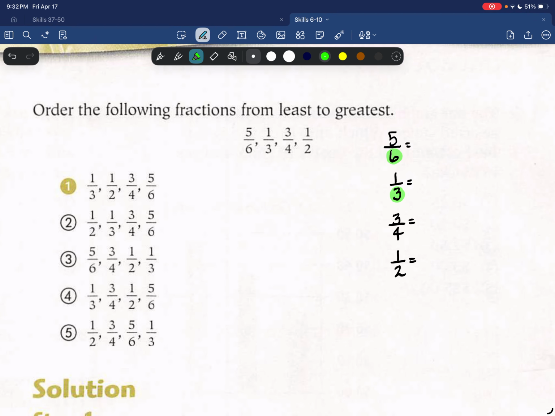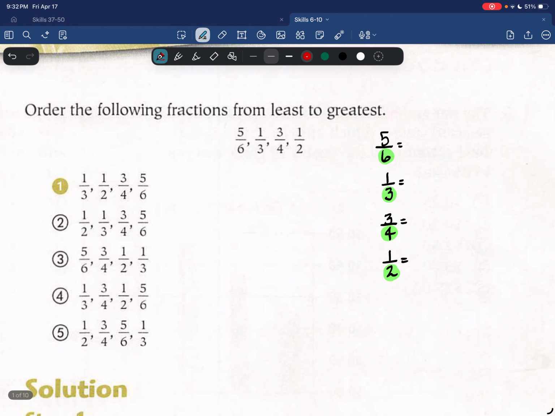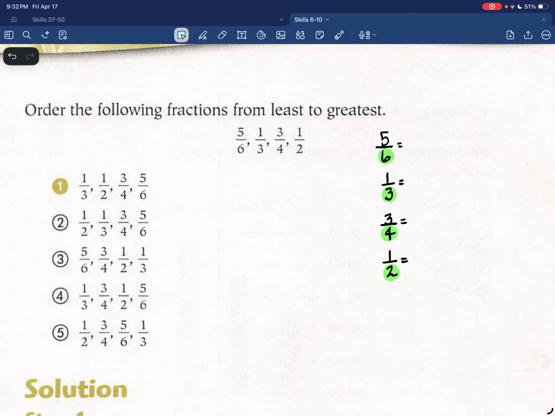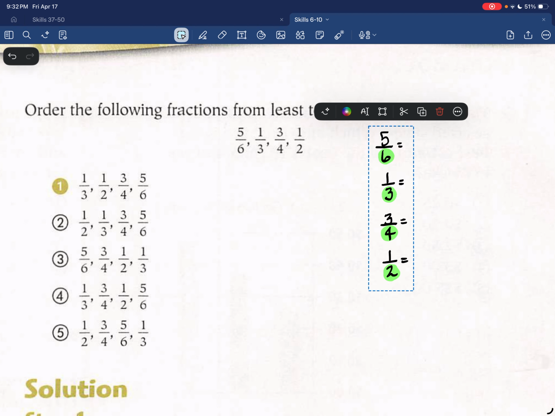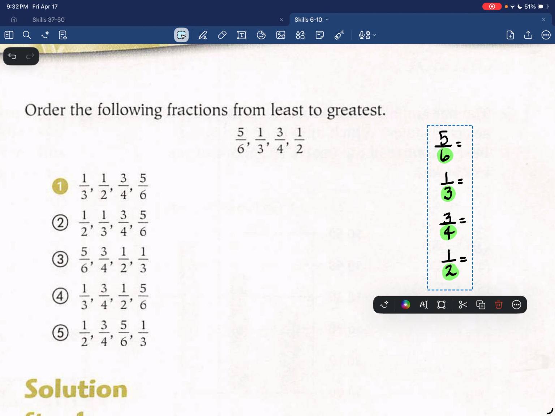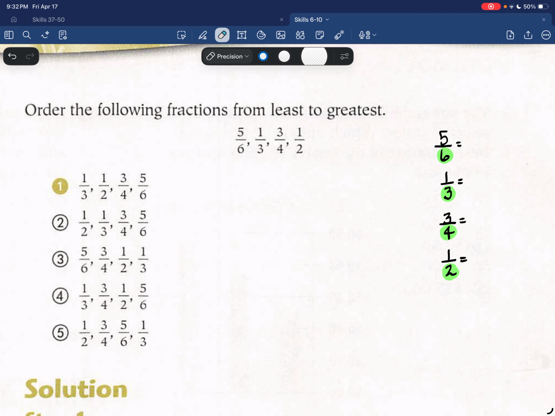So I want to focus just on the denominators. And I'm going to bring those over. I am going to change colors. I want to move that over just a little bit because I need a lot of space for this. You may even want a sheet of paper to do this on.